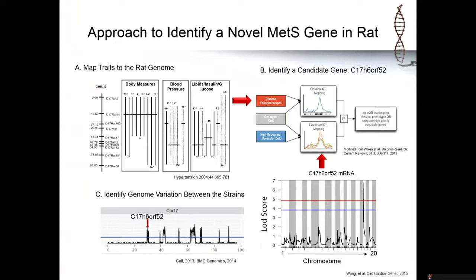So it turns out that our C17H6ORF52 is in one of these haplotype blocks of high genetic diversity. We've shown that it is genetically regulated by those sequence variants, and that it overlaps with this QTL for different traits underneath the metabolic syndrome. So there we were. Now what do we do?